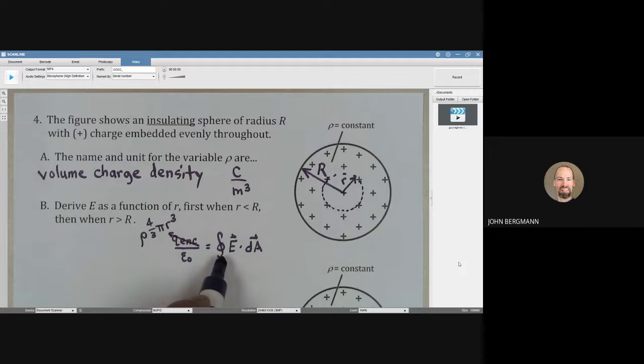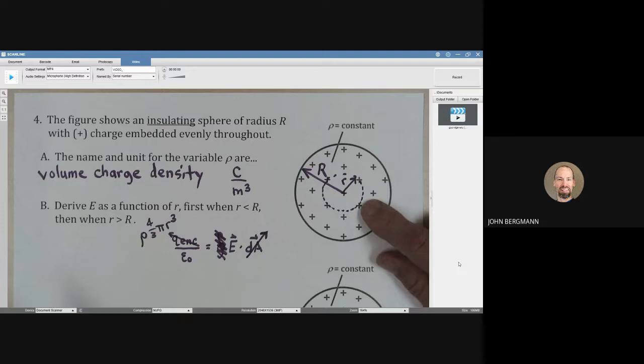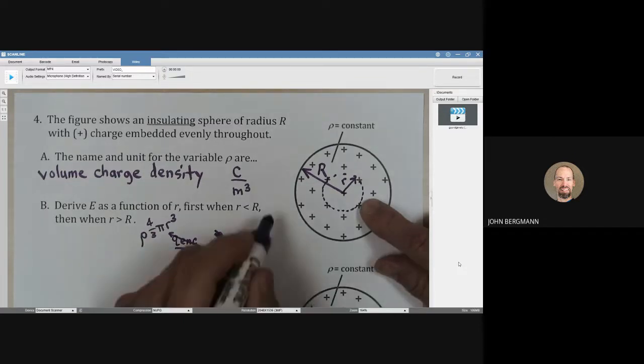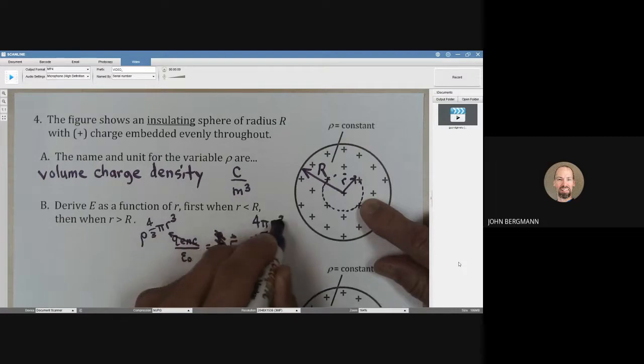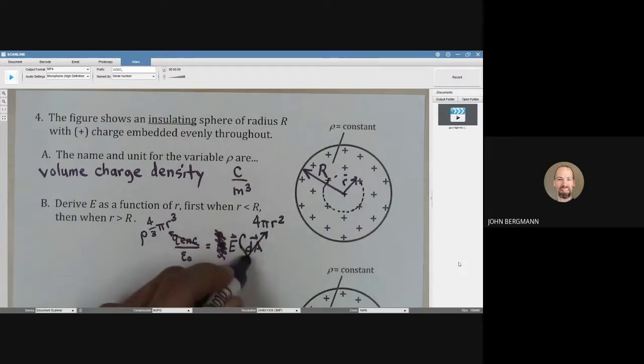That leaves us to integrate dA, and when you integrate dA, you just get A. And the surface area of this little Gaussian sphere is 4 pi little r squared.